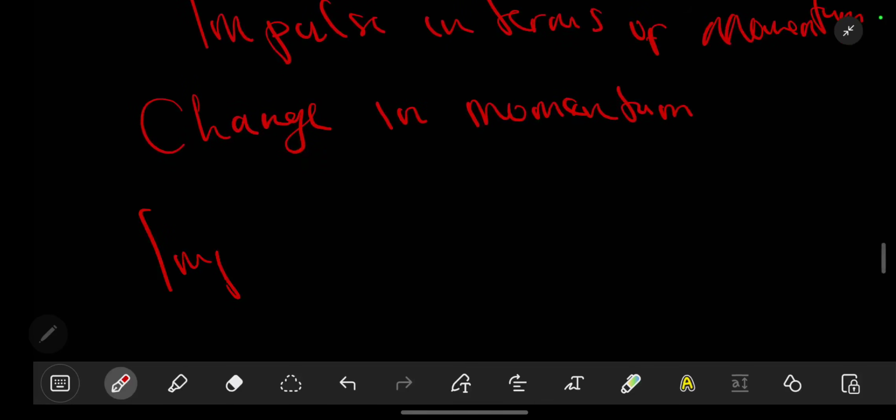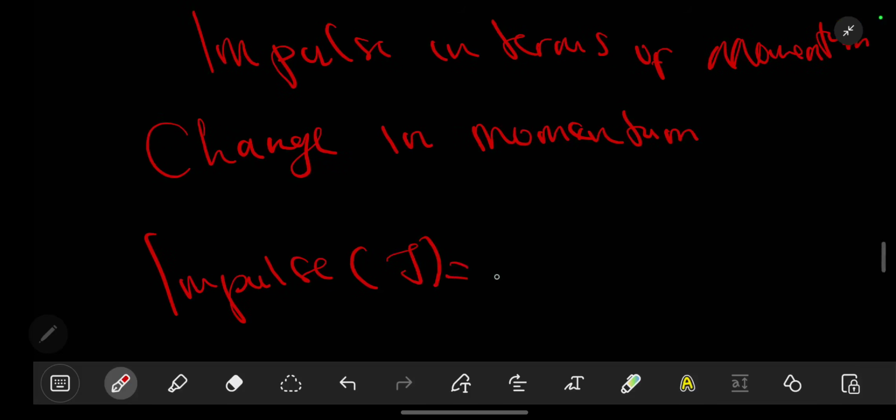So impulse should be equal to the difference. Change is a difference, so impulse is equal to the summation of the final momentum minus the summation of the initial momentum. So it is the change in the momentum.